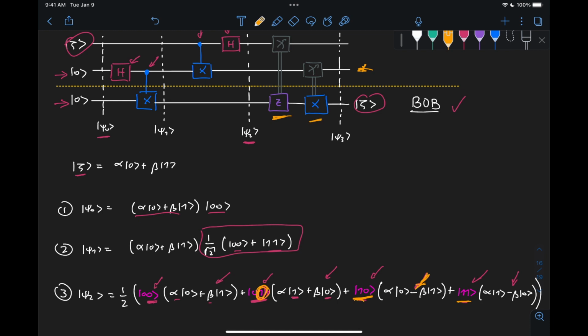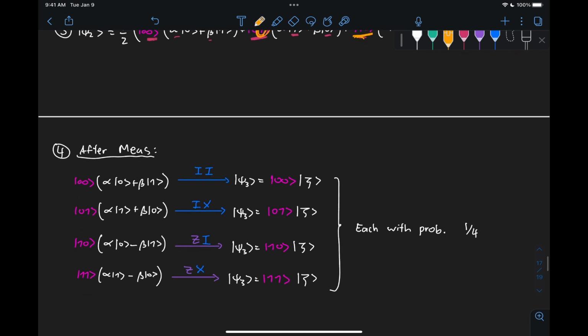So basically, that's why these measurements on Alice's qubits are conditioned to apply those gates on Bob's qubit, right? So if Bob does that, then we can see here that with 0, 0, he does nothing, applies identity. So Alice gets 0, 0, and Bob gets the state zeta.